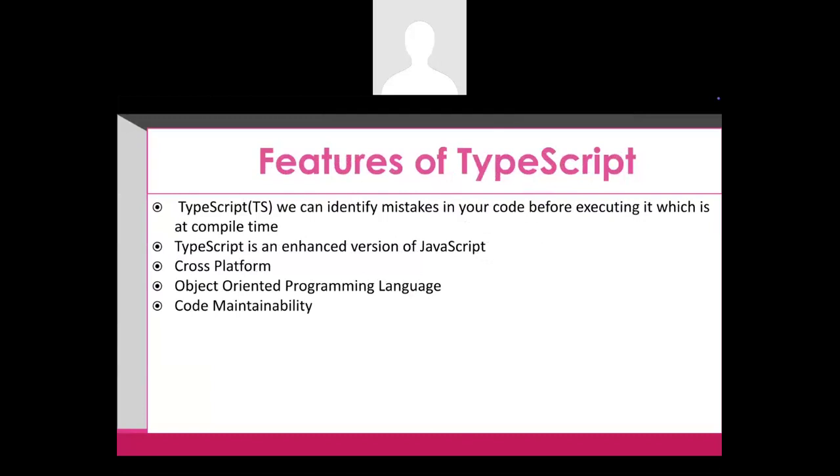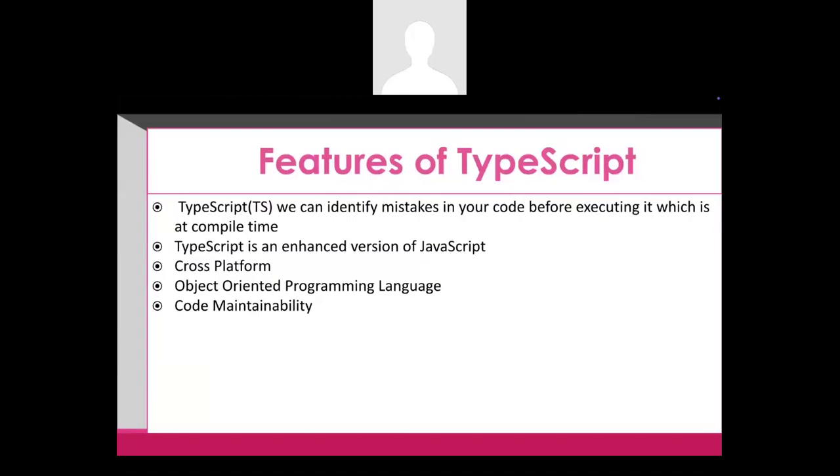Perfectly all right. Then what are the various features we have for TypeScript? It supports cross-platform and it's an object-oriented programming language. Whenever you write code, at compile time itself, TypeScript gives error messages, which helps us save our time.